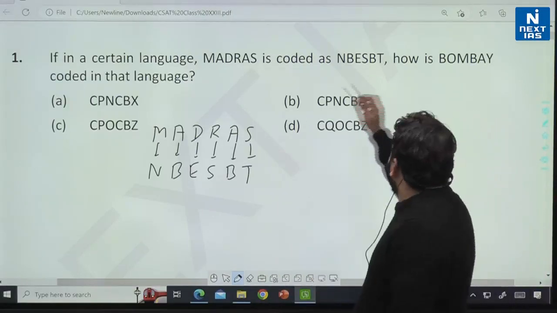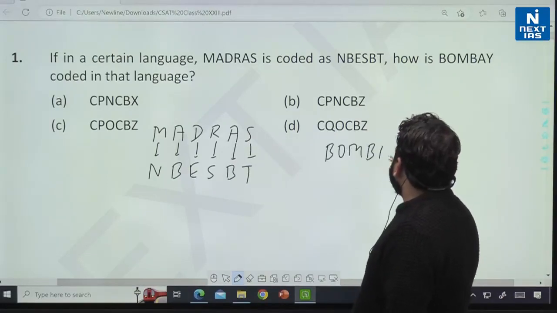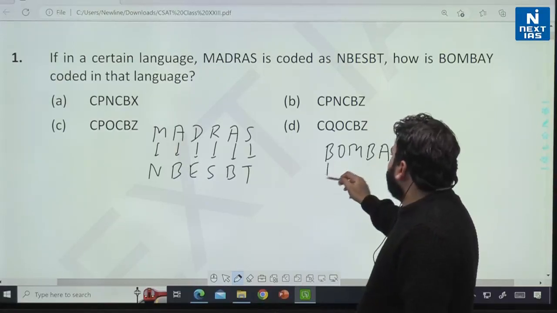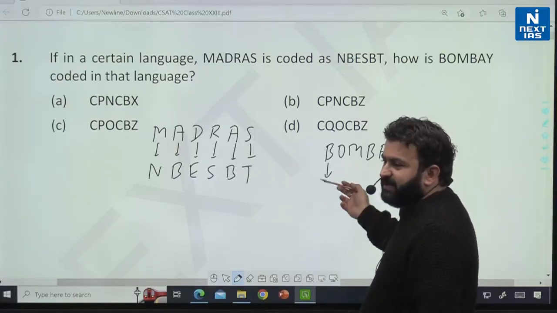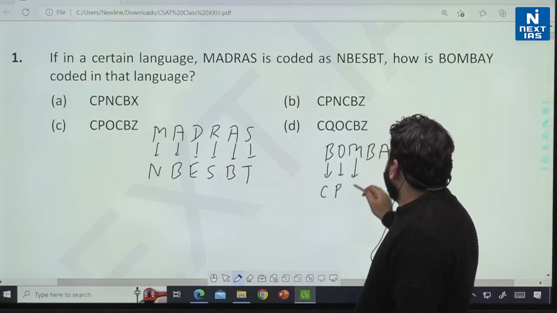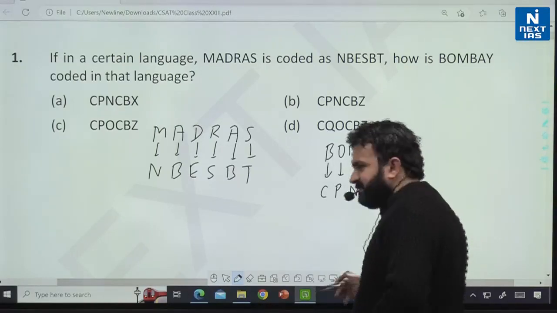Now, how is Bombay coded in that language? B will be replaced by C, O by P, M by N, B by C, A by B, Y by Z.